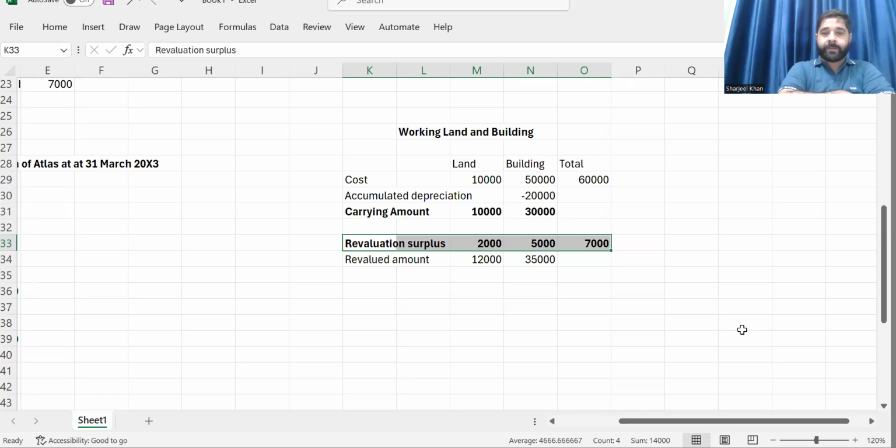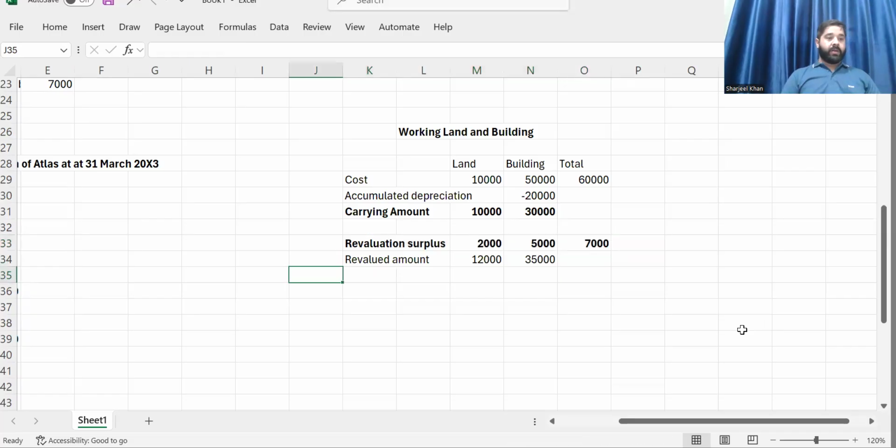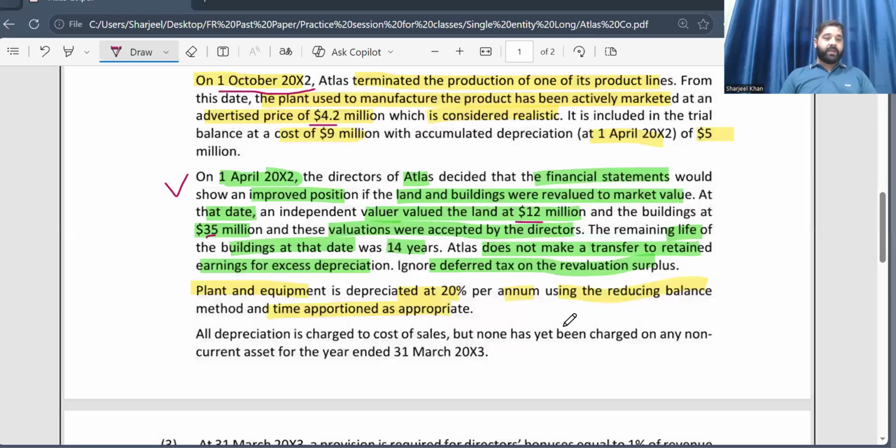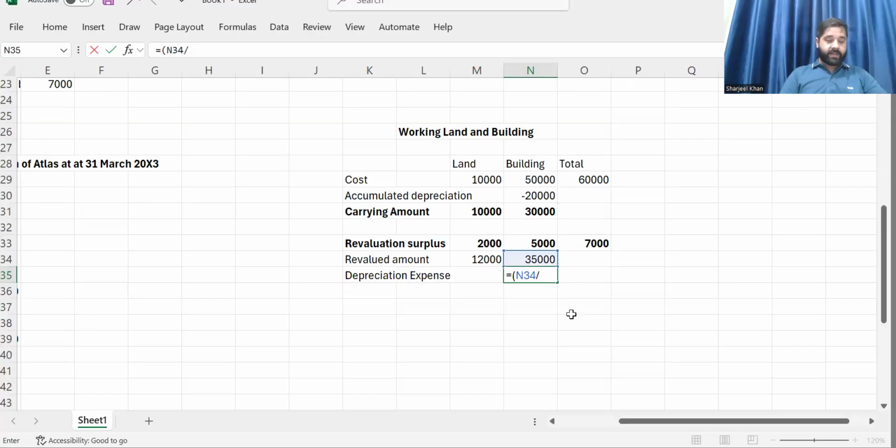Should we proceed? Okay. Now let's calculate the depreciation expense. So after revaluing the asset, what will be the formula for depreciation? It's quite simple: revalued amount divided by remaining useful life, and the remaining useful life at that date was 14 years.